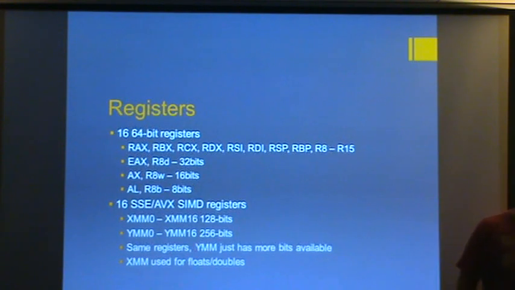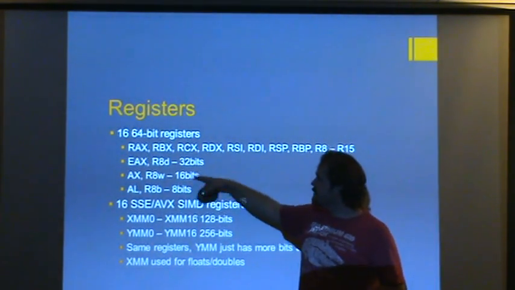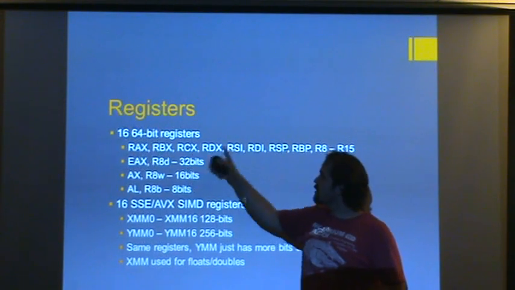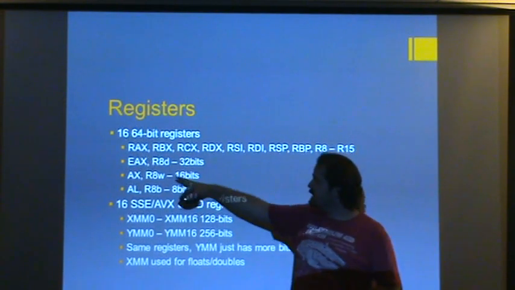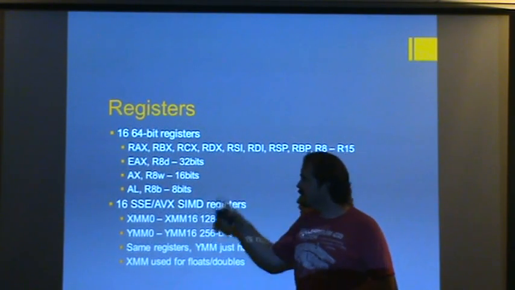So registers. On Intel x64, we have 16 64-bit registers. These are all of them up here. They have slightly different names, which means they're referenced in different ways. If they have R at the start, they're 64-bit. If they have E, or in the case of the numbered registers a D at the end, they're 32 bits.